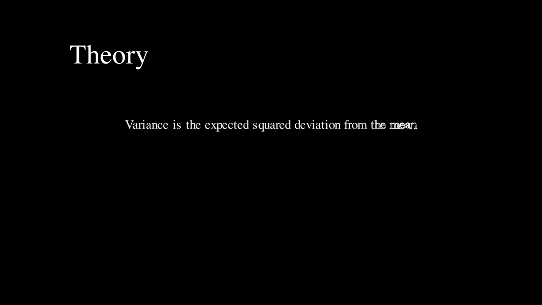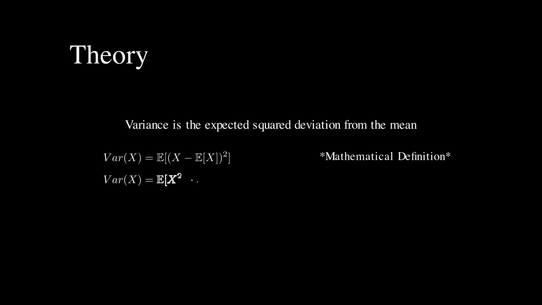Let's start by understanding that variance is the expected squared deviation from the mean. This translates to the mathematical definition, expectation of (x minus expectation of x) squared. We can apply the mathematical FOIL method to expand this expression.